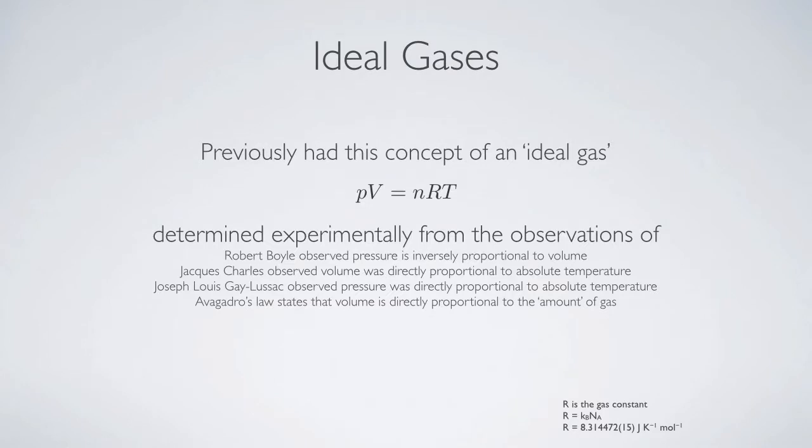So I've spoken about this condensed phase, this solid phase, but the one that we understand most is our gases and our ideal gases. And we understand ideal gases in such a way because the nitrogen and oxygen that makes up most of the air around us at room temperature behaves in an essentially ideal fashion.